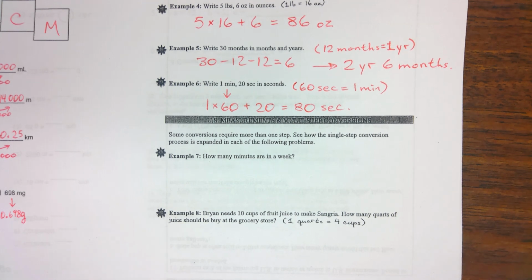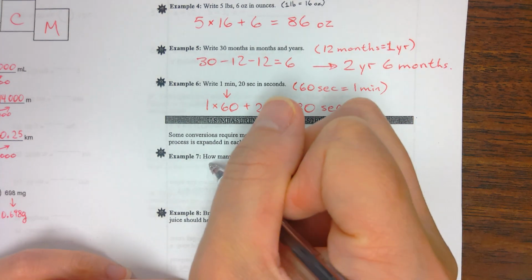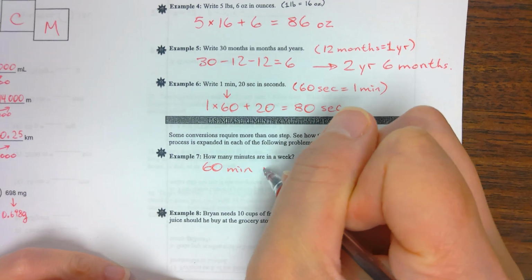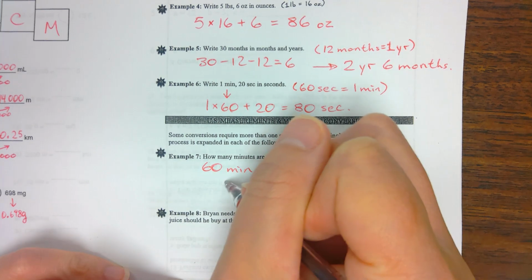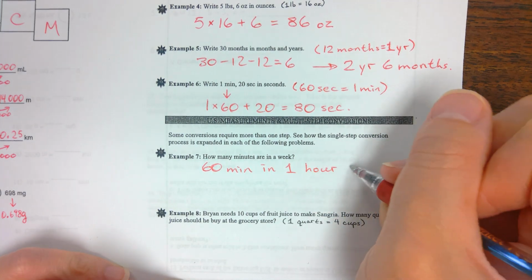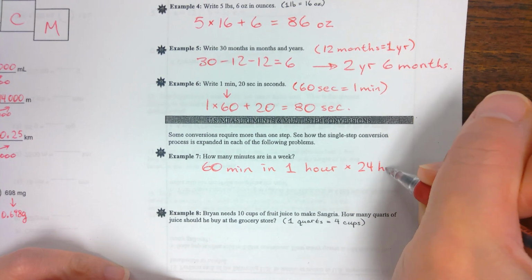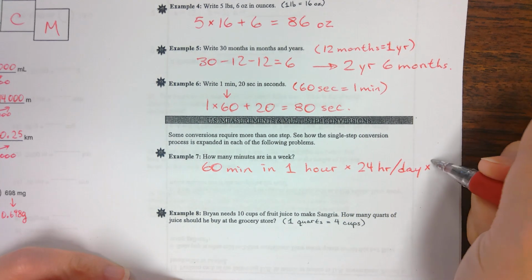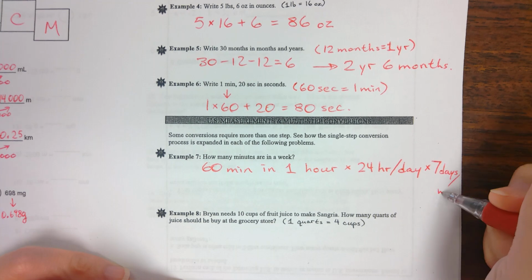Okay, so yeah, Daniel. So you know that 60 minutes are in 1 hour? Good. 60, right? And then you multiply that by 24 hours in a day. That's 1,440. Okay. And then you multiply that by 7, and then you get 10,080 per week.